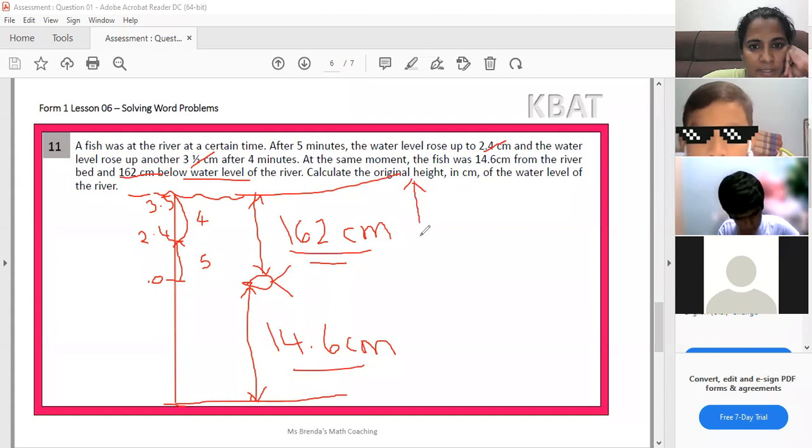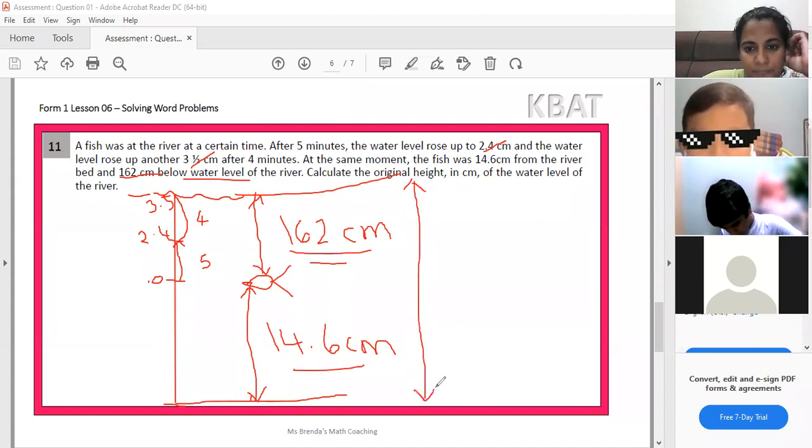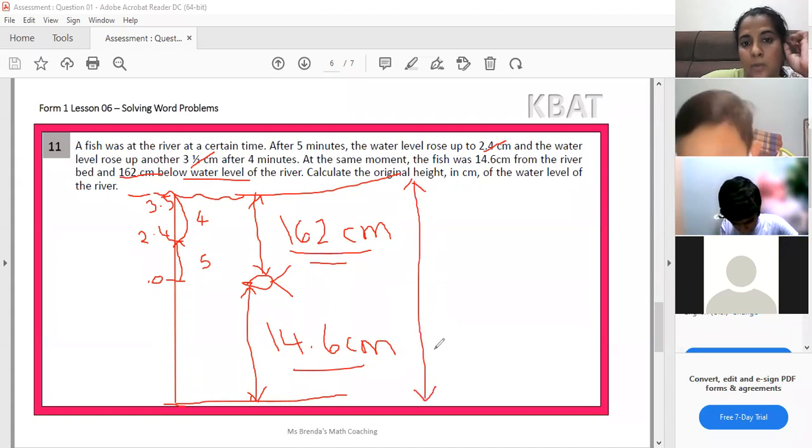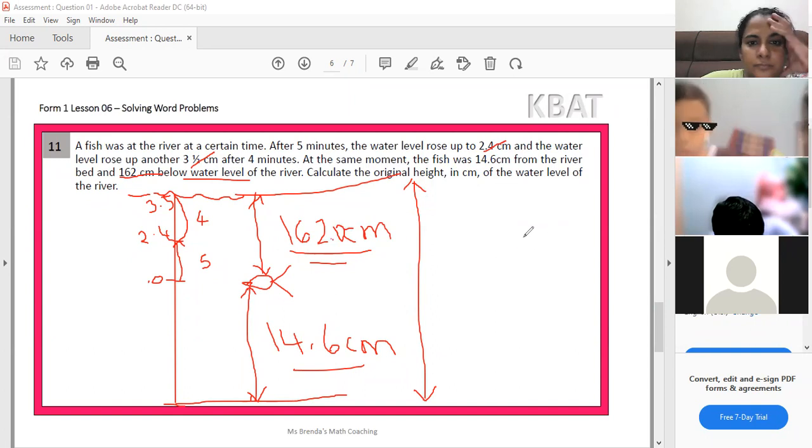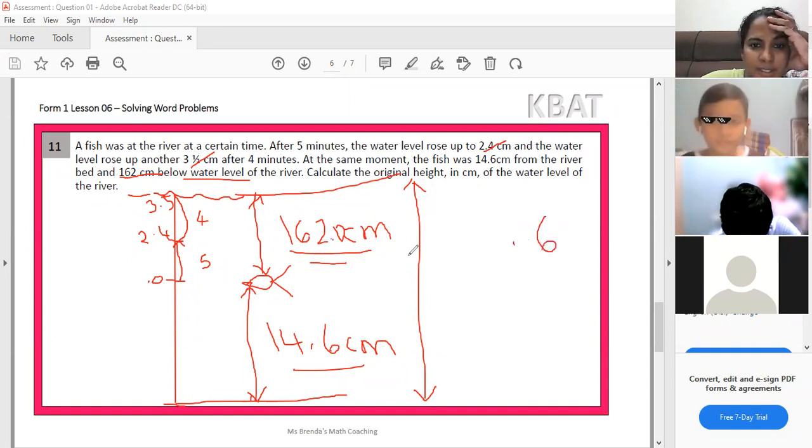So in other words, this now has become the total height of that river. Take these two numbers and join up. What do you get? 162 plus 14.6, guys. What's the answer? 176.6.